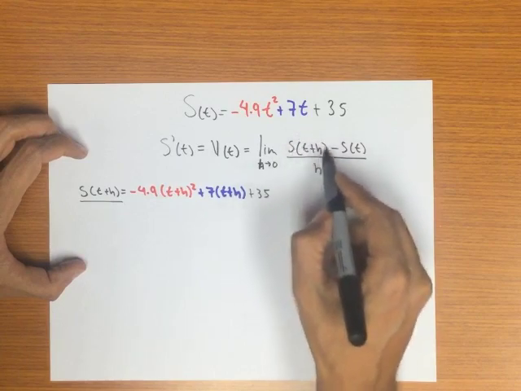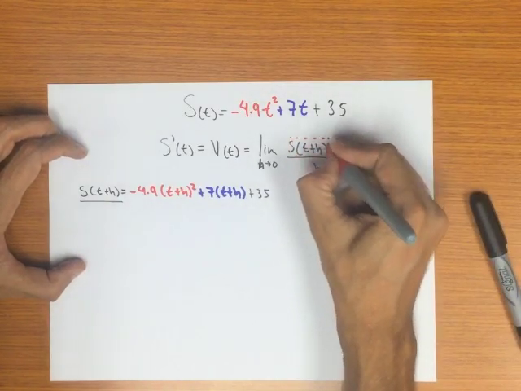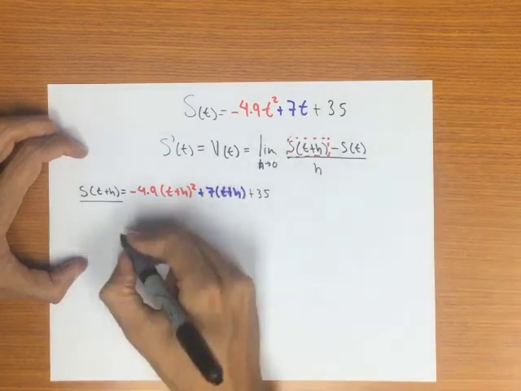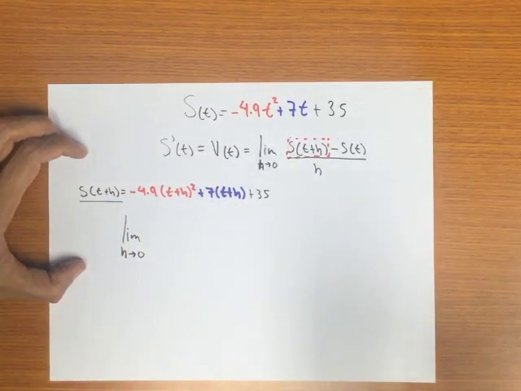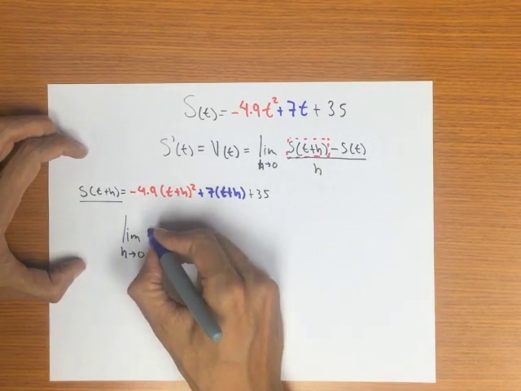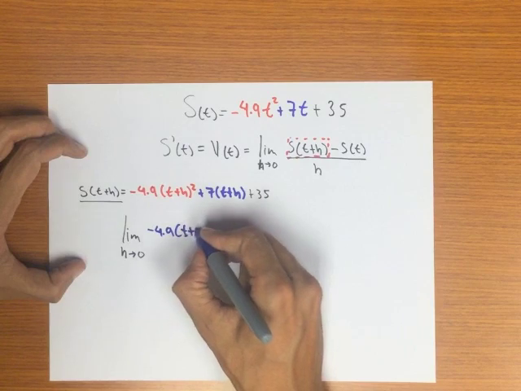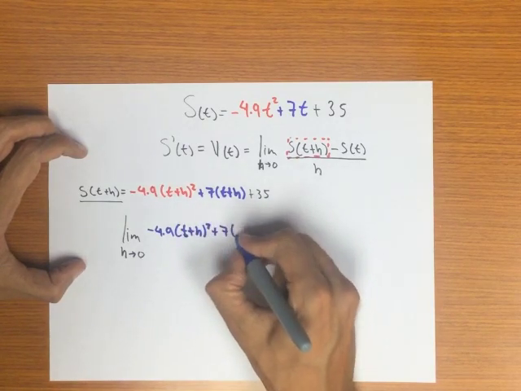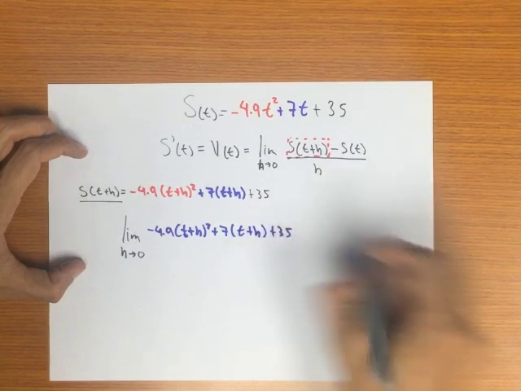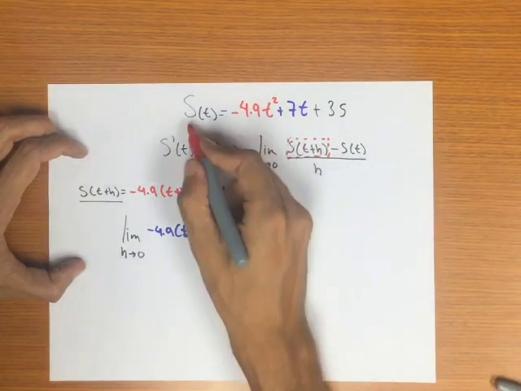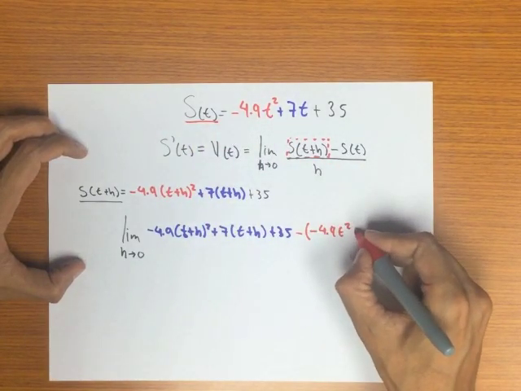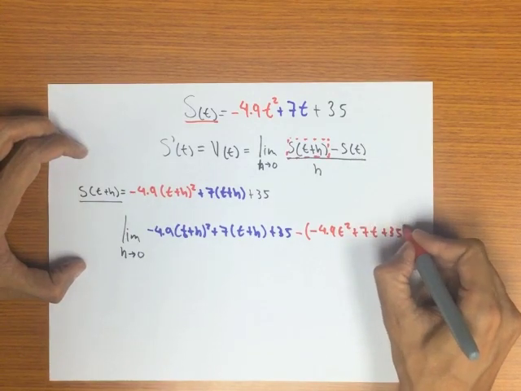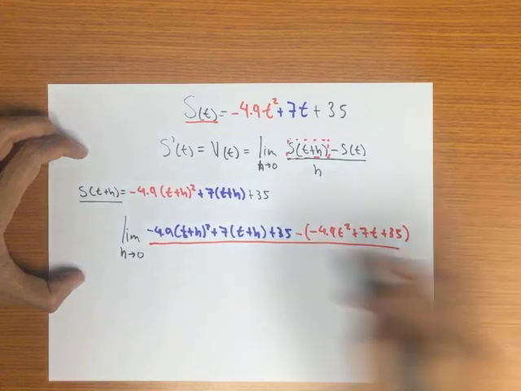You have identified the algebraic value of s of t plus h, and you will obtain the limit when h approaches 0 of negative 4.9 times (t plus h) squared plus 7 times (t plus h) plus 35, minus the whole definition of the original s of t, negative 4.9t squared plus 7t plus 35. All of this is divided by the value of h.